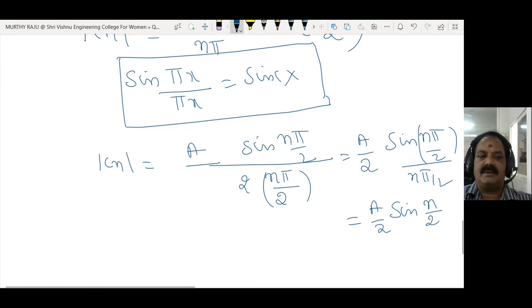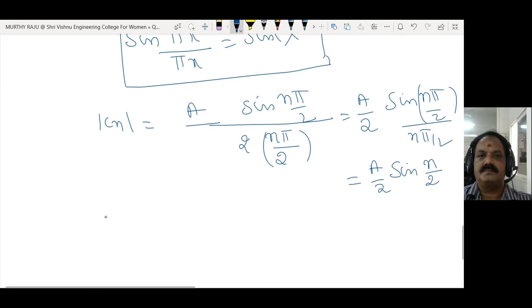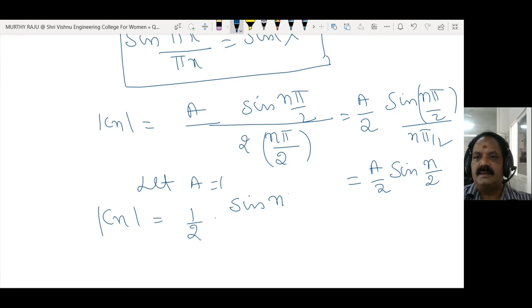Finally, mod Cn is equal to, let A be equal to 1. Consider this function, 1 by 2 sin n pi by 2 by n pi by 2.